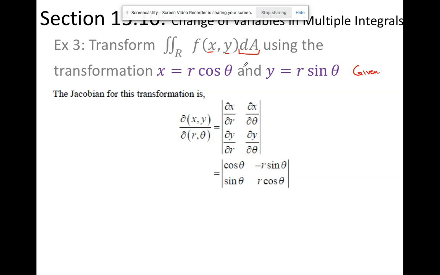So if we think about the Jacobian for this, the price to pay for going from xy into r theta is the determinant, the Jacobian. And we do our determinant work, taking partials of x and partials of y with respect to r and theta.